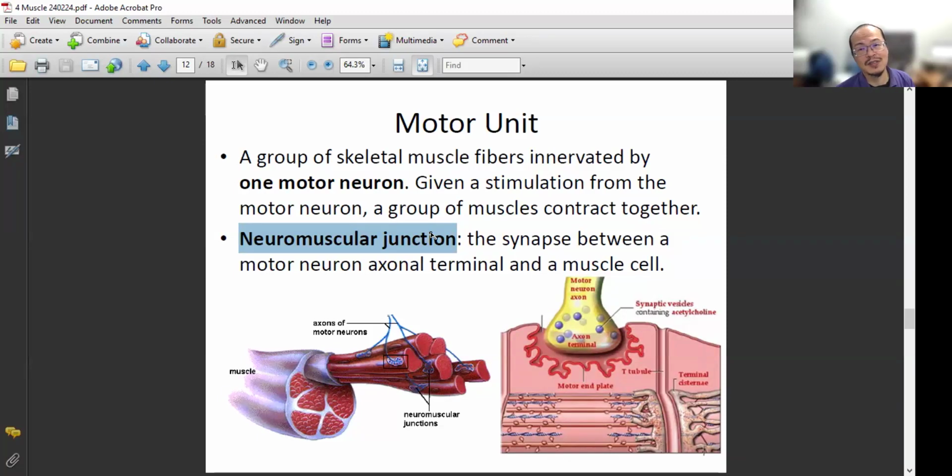So we have three types of muscle. The other two types of muscle don't have that junction. The thing about the neuromuscular junction, you can see here, is that it doesn't quite contact, but in a way, it's kind of embedded into it.